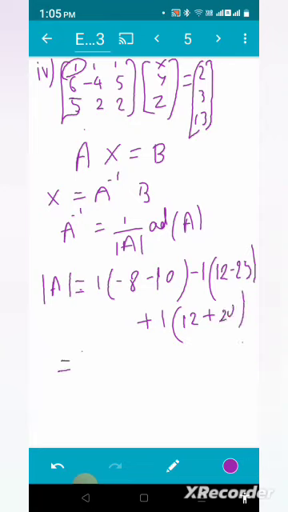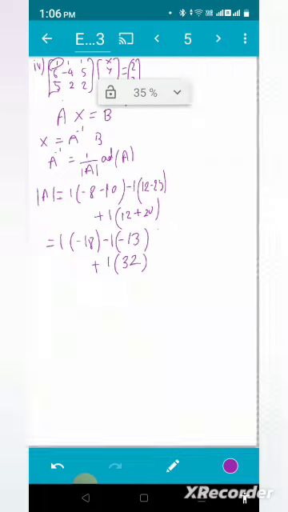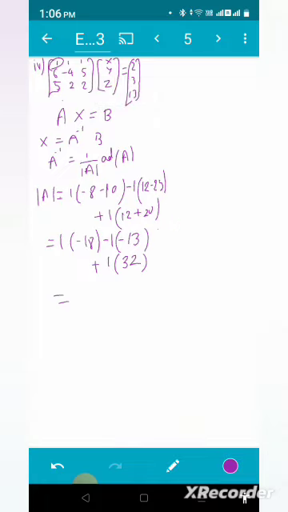So this is 1 into minus 18, minus 1 into 25 minus 12 which gives minus 13, then plus 1 into 32. I can simplify these numbers. Minus 18 plus 13 plus 32.